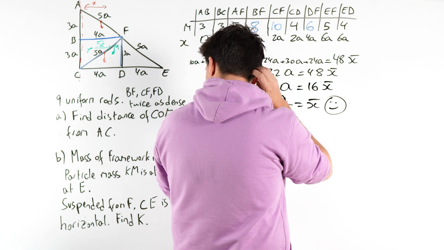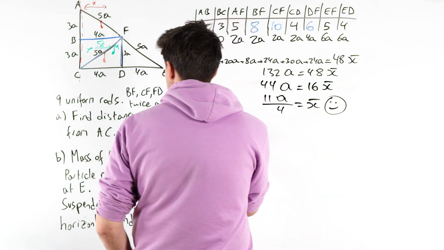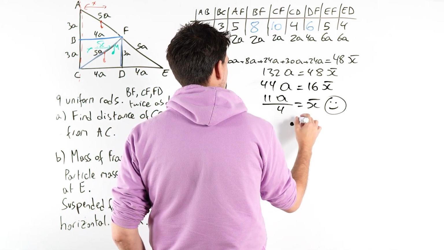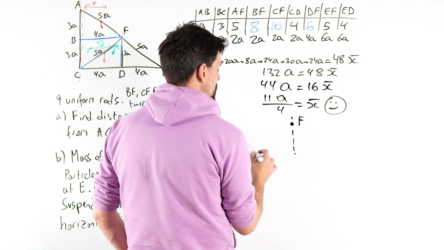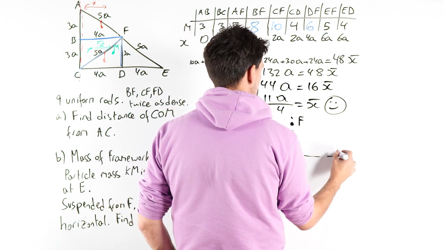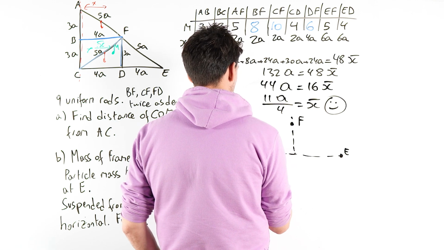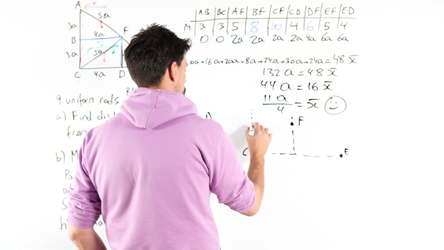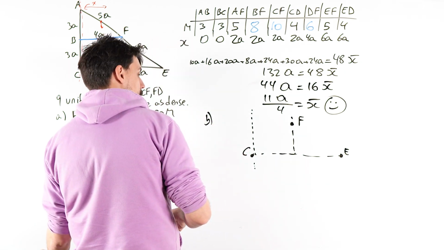Let's find k. Now, a little picture here possibly will help. Let's say F is here, and the point is CE remains horizontal. So that's E there, and that's C there. Now, what have we figured out?